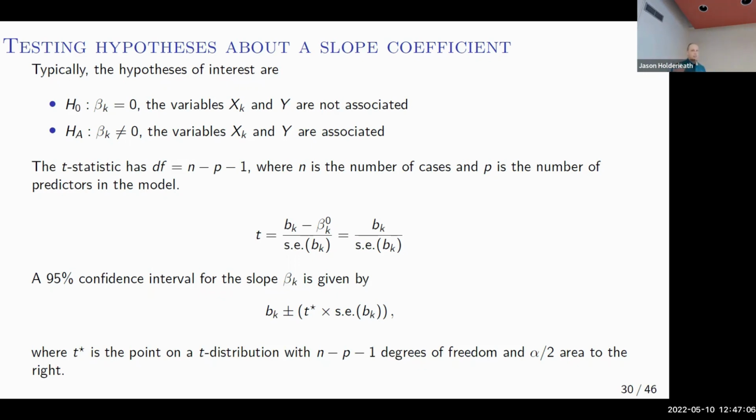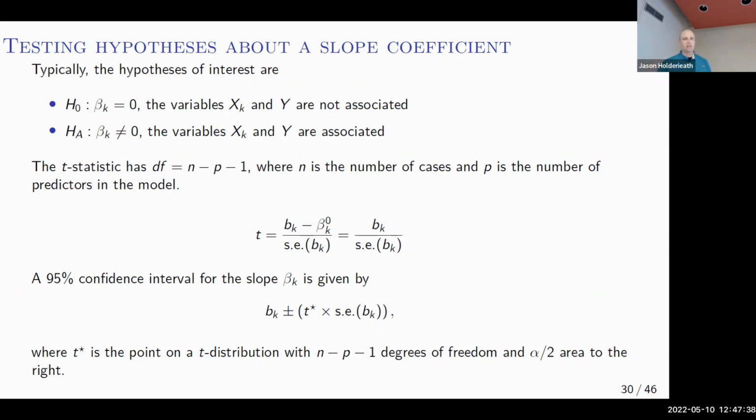The t statistic that you're going to calculate here has degrees of freedom of n minus p minus 1, where n is the number of observations and p is the number of predictors in the variables. I don't know why they don't just stick with K.